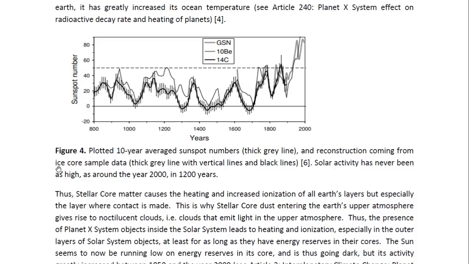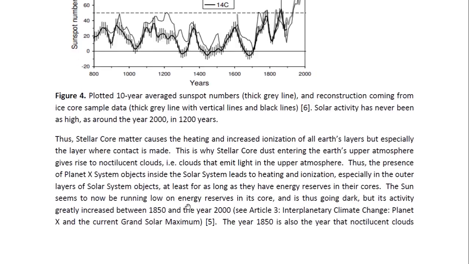And this data comes from ice core sample data, and from it we can decipher the solar activity as a function of sunspot number. And that activity seems to have increased from about 1850 and has greatly increased until in the year 2000 it's much greater than it's ever been in the last 1,200 years, which takes us back to 800 AD.